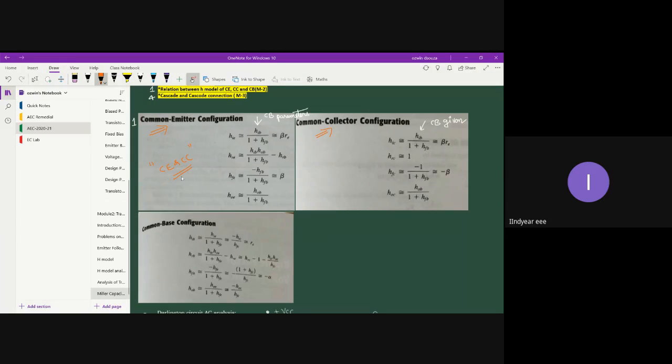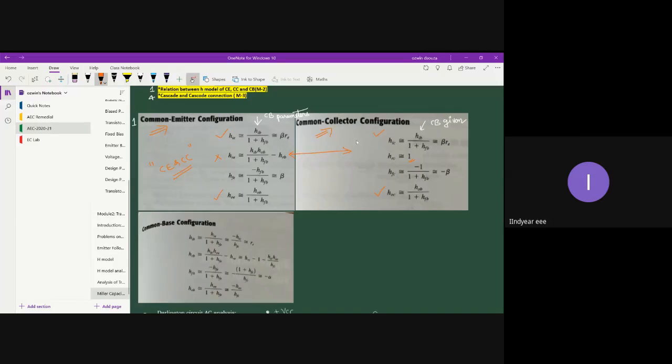So common emitter and common collector are kind of similar. The difference you can find is somewhere here. HRE is HIB, HOB divided by 1 plus HFB minus HRB. On the other hand, HRC is approximately equal to 1. The HOE expression matches the HOC expression, and HIE matches HIC.